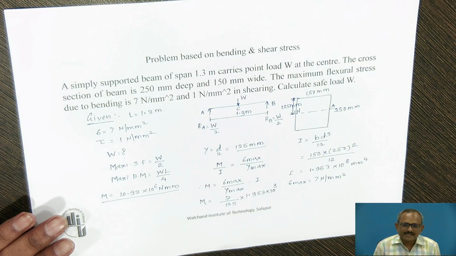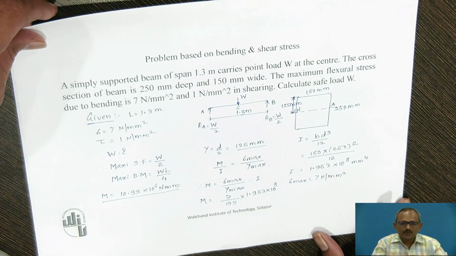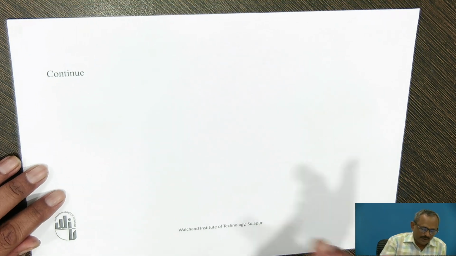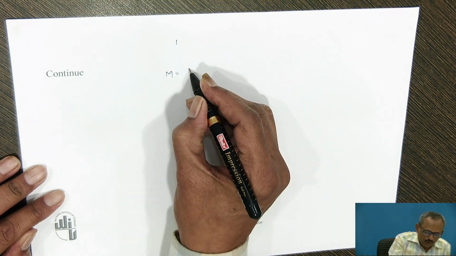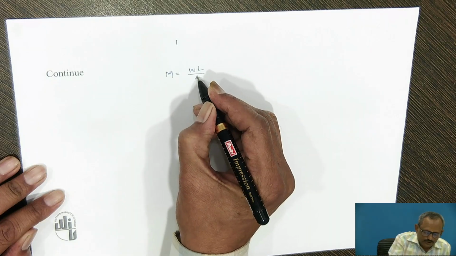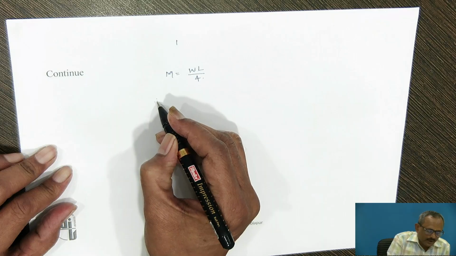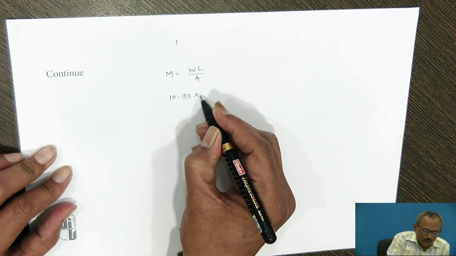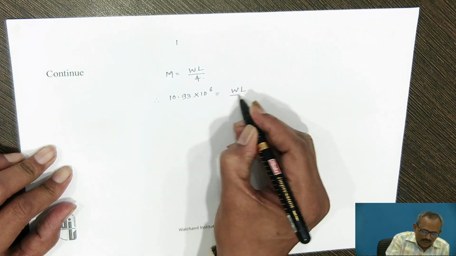Bending stresses are calculated corresponding to the maximum bending moment, and hence for a simply supported beam carrying a point load at the center, the maximum bending moment M is equal to WL by 4. The value of maximum bending moment we have obtained, 10.93 into 10 raised to 6, is equal to WL by 4.